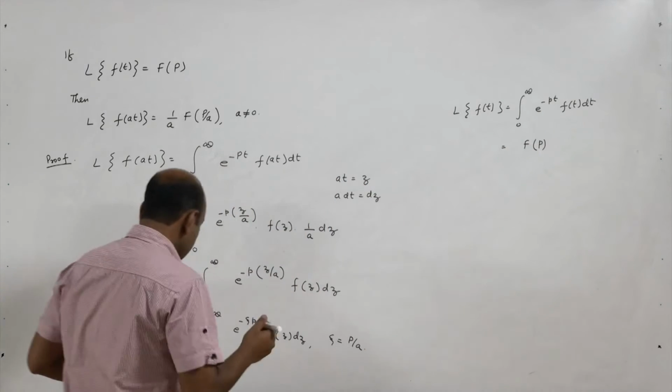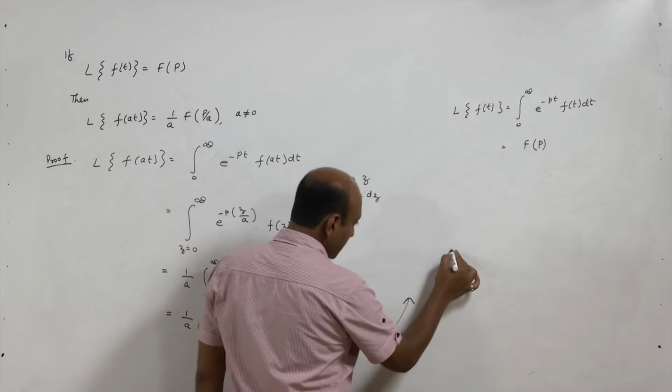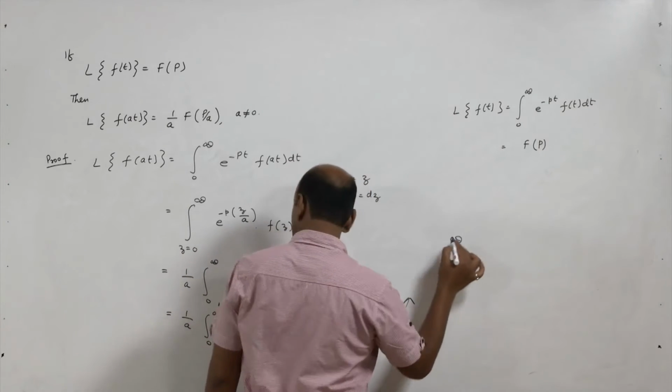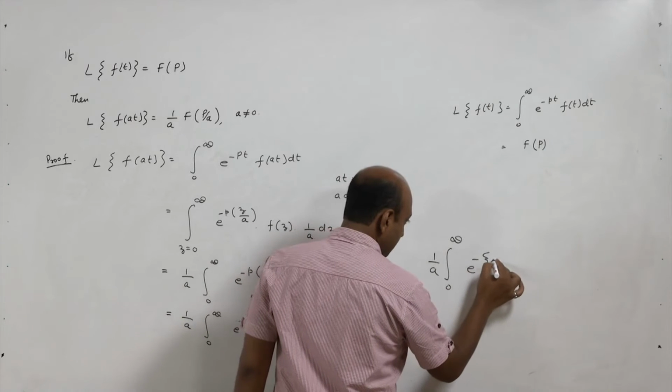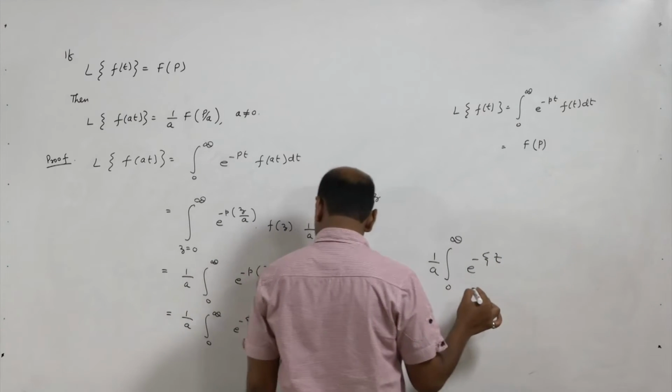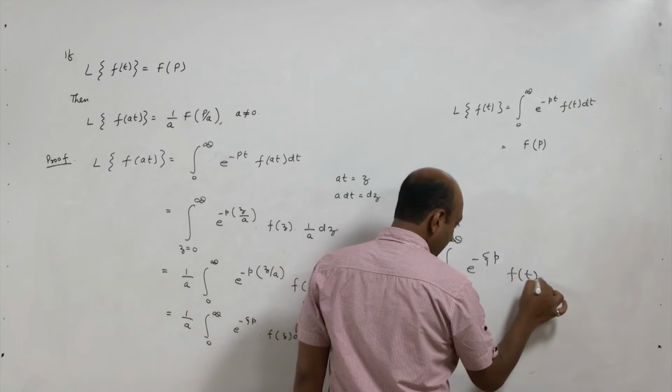So, this can also be written as 1/a times the integral from 0 to infinity of e^(-ζ z) f(z) dz. Here the variable is z, and instead of p we have ζ.